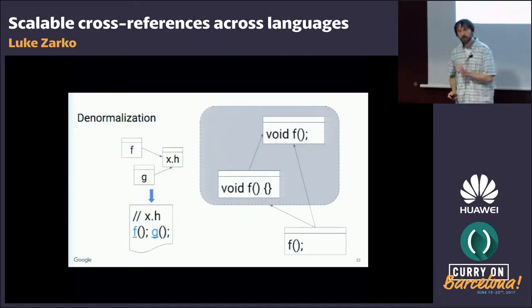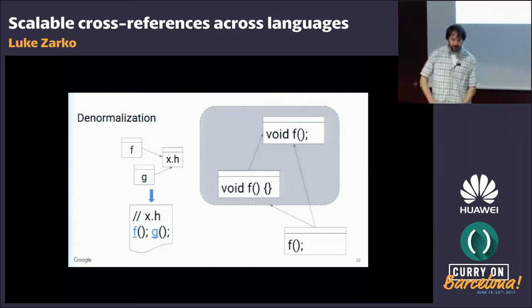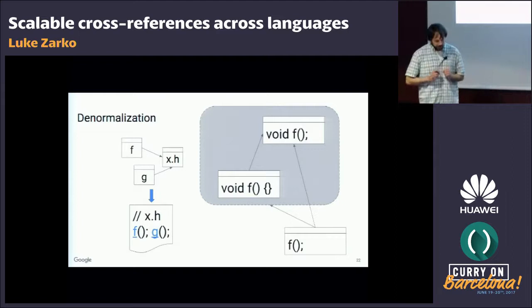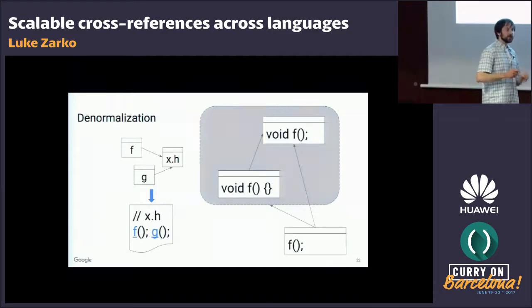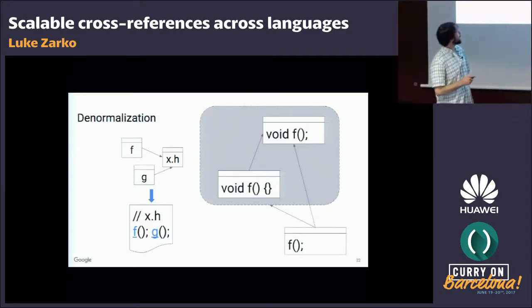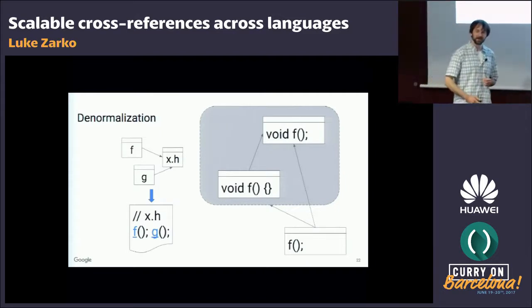One of the more interesting steps that we go through during denormalization is the generation of clusters for definitionally related nodes. And what does that actually mean in practice? Well, as it turns out, users like to think of things like forward declarations as distinct and as the same thing in different contexts, right?